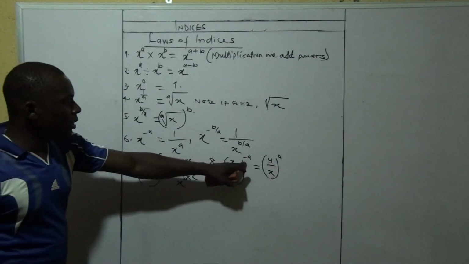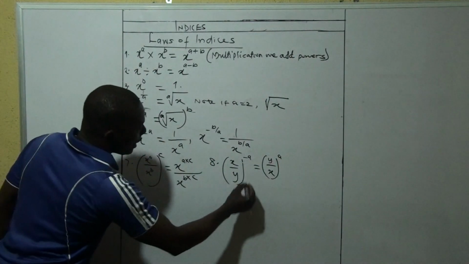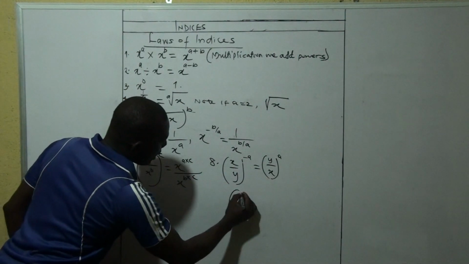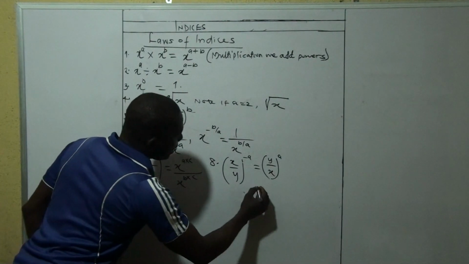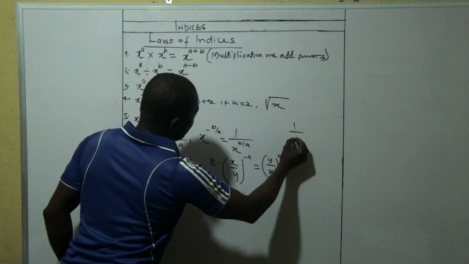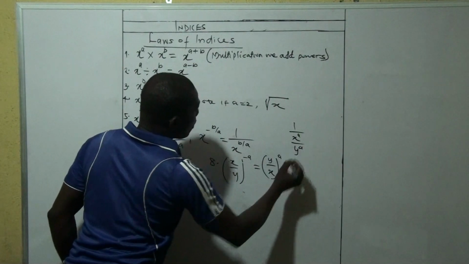So in this place, from our law that says if you have a negative indices, and this was supposed to be x over y, let me write it properly. This is supposed to be 1 over x raised to power a all over y raised to power a.